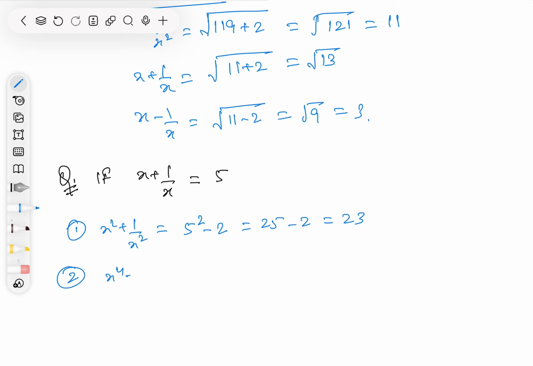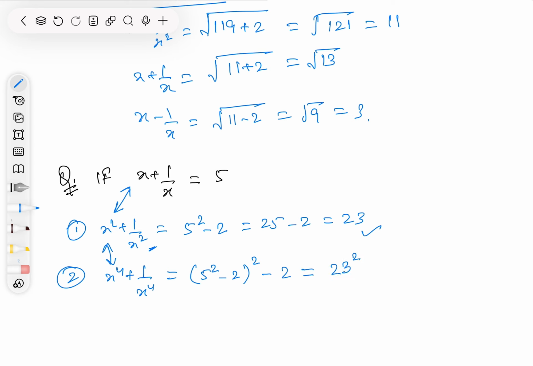Similarly, if I have x to the power 4 plus 1 upon x to the power 4, then this can be written as (5 square minus 2) whole square minus 2. Right? (k square minus 2) whole square minus 2. Or you can just write this square minus 2, since this is already x square plus 1 by x square. So basically whatever relation these are having, the same relation these are having.